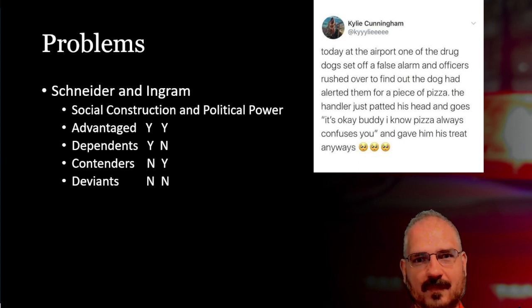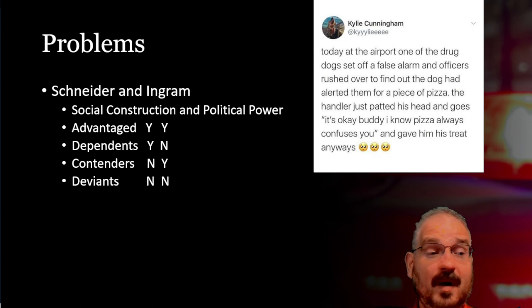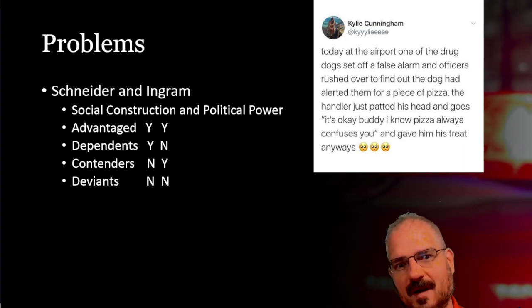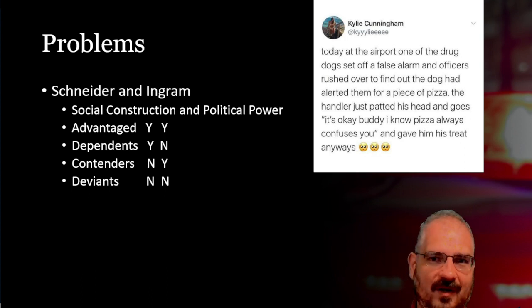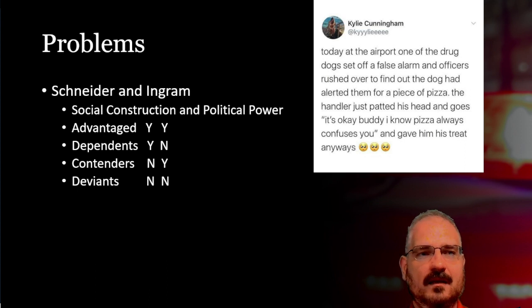Are they seen positively by the public, or are they seen negatively by the public? And then political power is, can they talk to Congress and go in and get things done? Do they have either the monetary capital or the political capital to be able to call a congressman and say, hey, this is a problem. Please put it on your agenda. Please try and fix this.